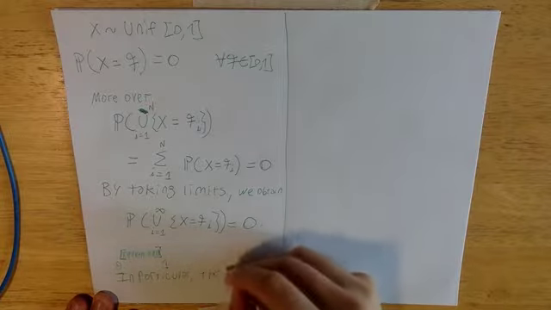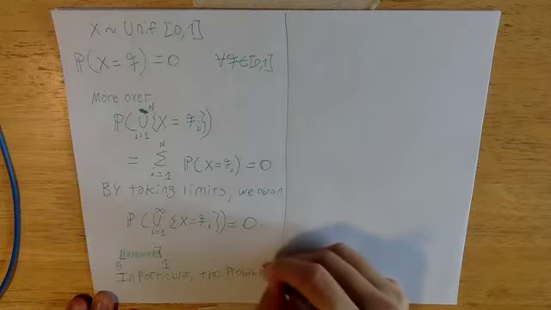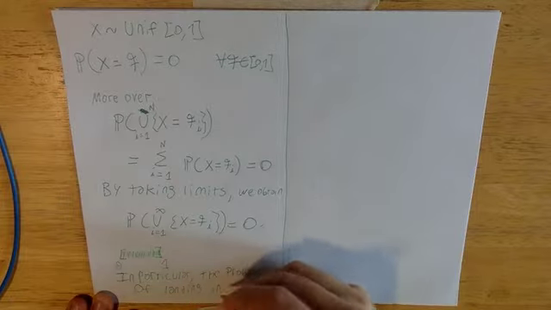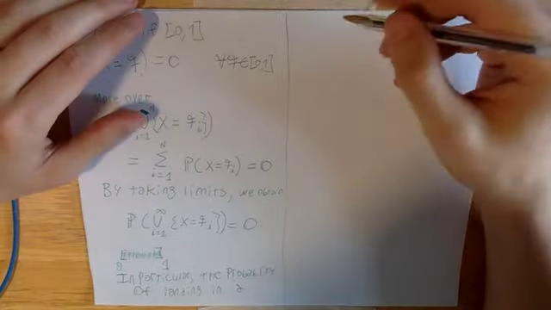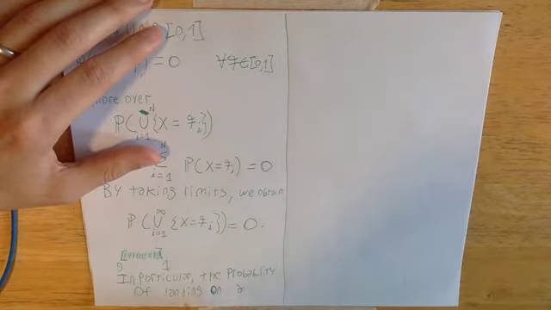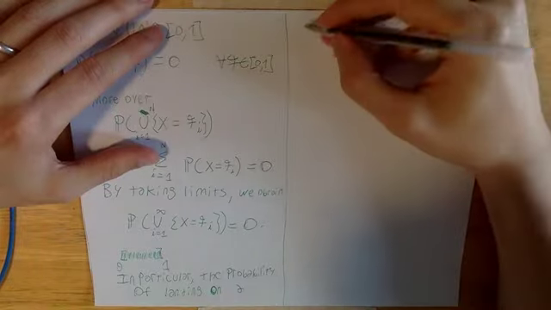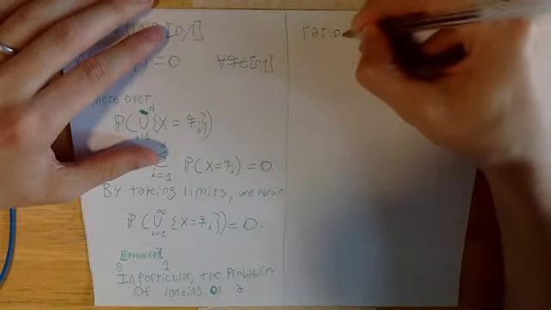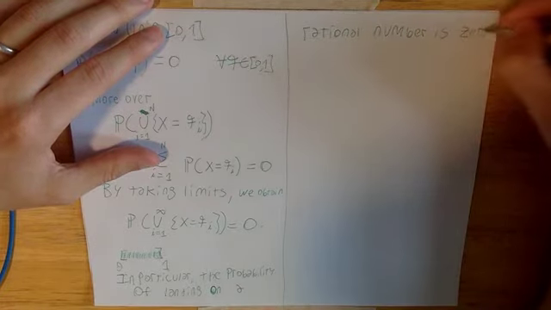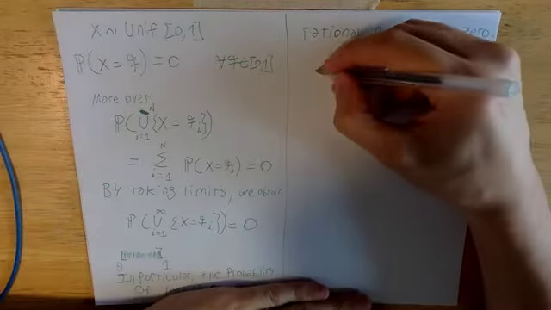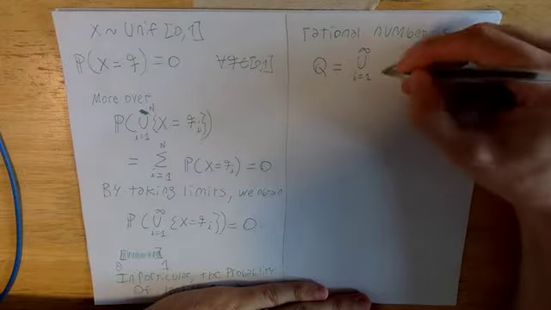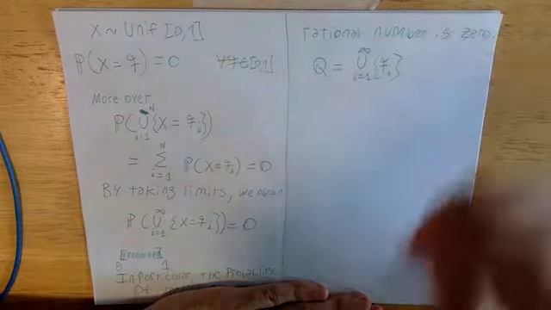In particular, the probability of landing on a rational number is 0, because the set Q is equal to the union from i equals 1 up to infinity of q_i.